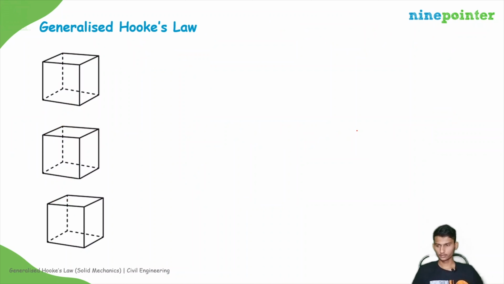So let us move ahead. Suppose this is net epsilon x due to all these three stresses, epsilon y net and epsilon z net. Okay, right?